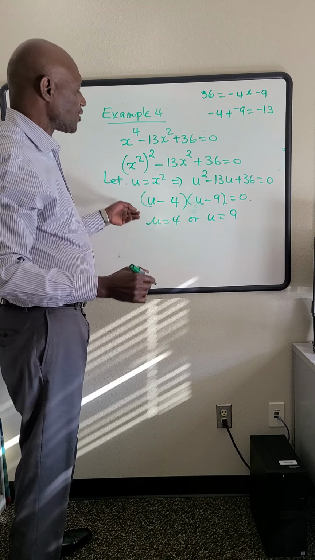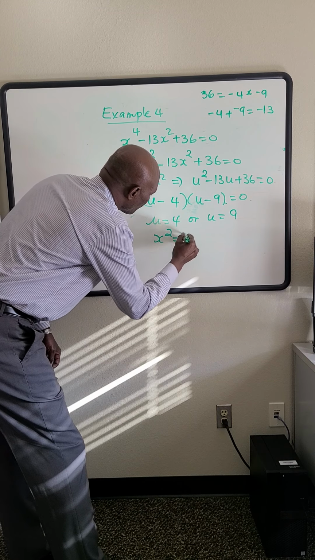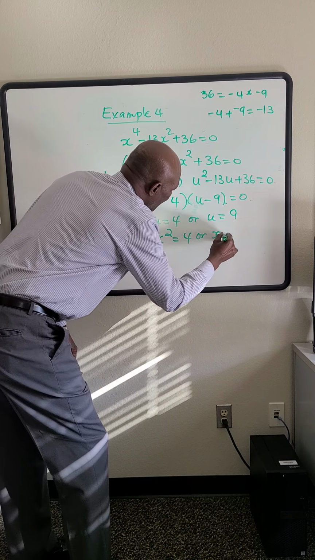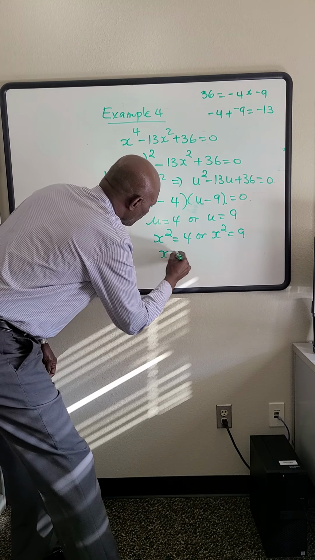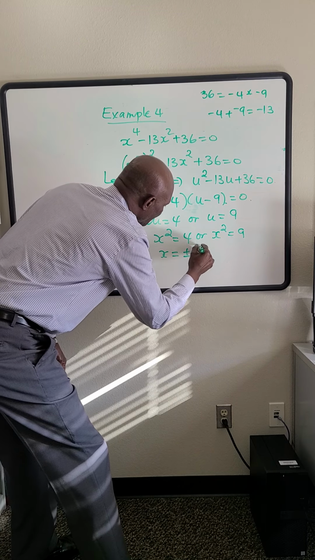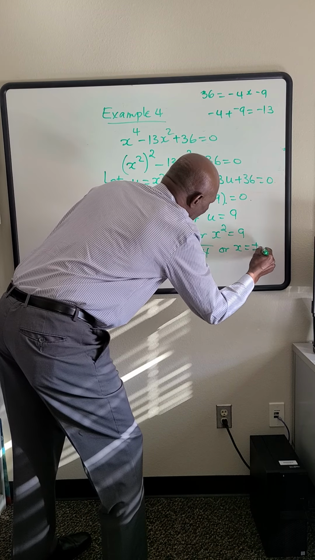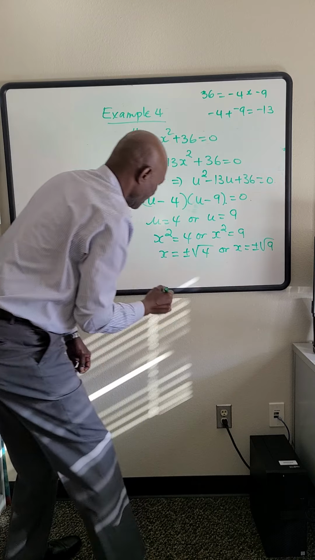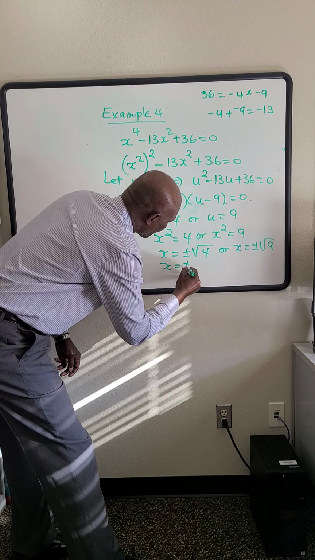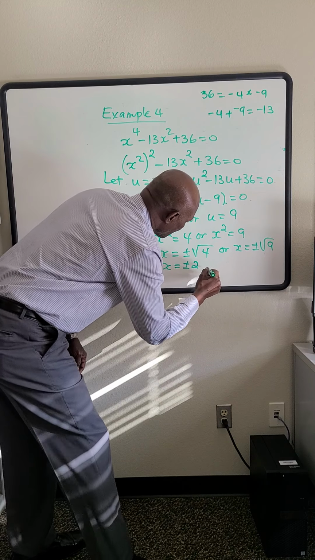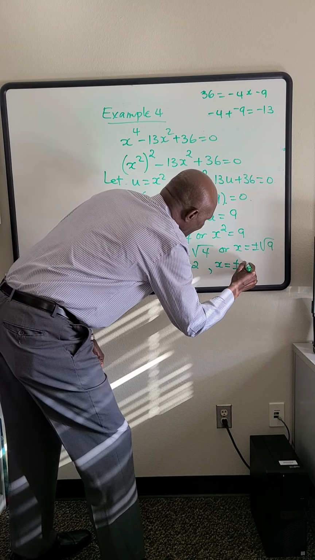We back substitute now u for x squared. So x squared equal 4 or x squared equal 9. So that means x equal plus or minus radical of 4 or x equal plus or minus radical of 9. So the first one gives us x equal plus or minus 2, and the second x equal plus or minus 3.